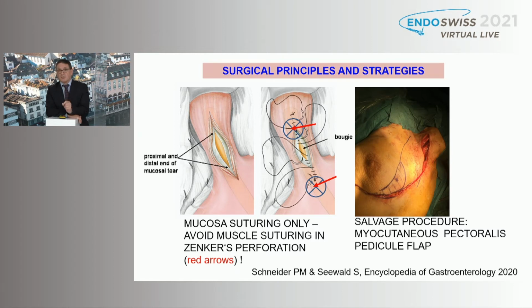And as a salvage procedure in very complicated cases, if we have to fix a complicated case delayed, then our first choice is myocutaneous pectoralis pedicle flap, which we successfully used in a few cases with cervical stenosis.